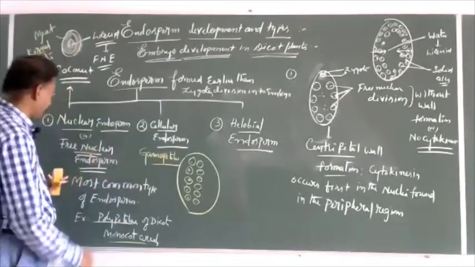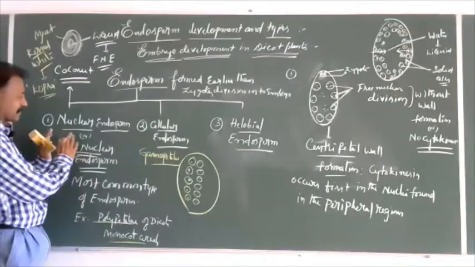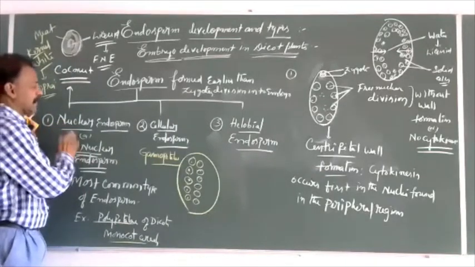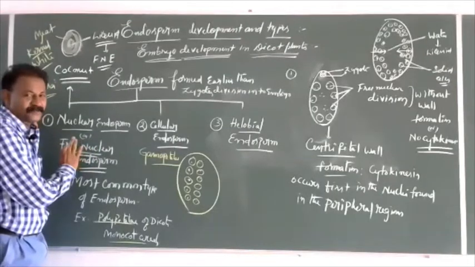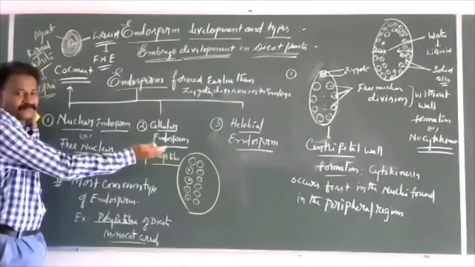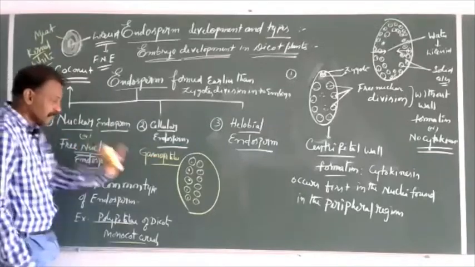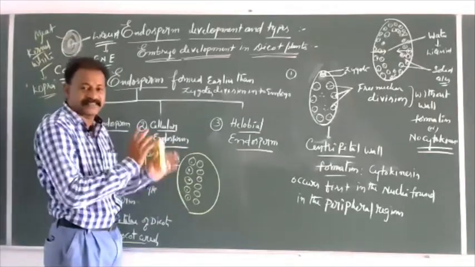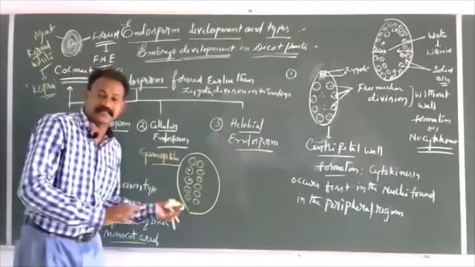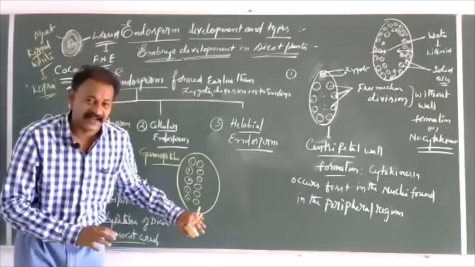Cellular and free nuclear: nuclear means nuclear divisions, and immediately no cell wall formation. After some time, cell wall formation. In cellular endosperm, from the beginning both karyokinesis and cytokinesis occur. The nucleus divides, and immediately cell wall is also formed.